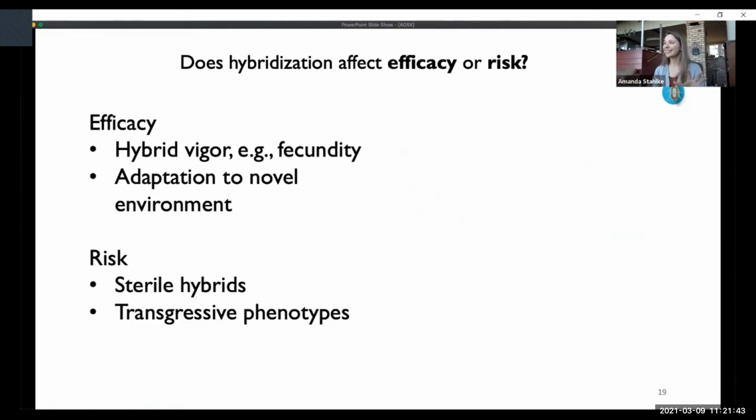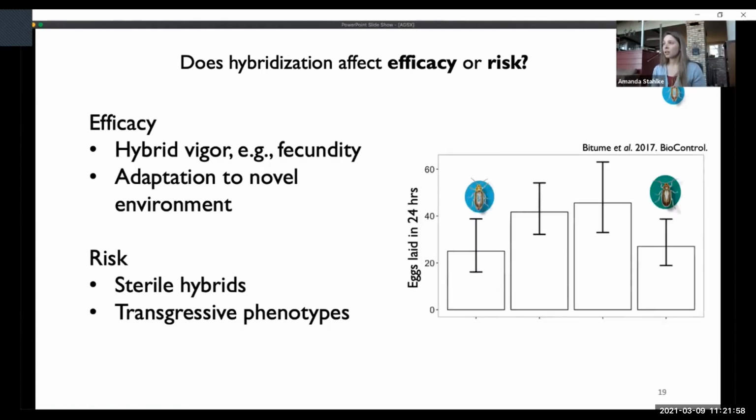But the risk here is that hybridization could cause sterility and crash populations, or perhaps in a worst case scenario, create transgressive phenotypes, for example, altering the host specificity of these populations.